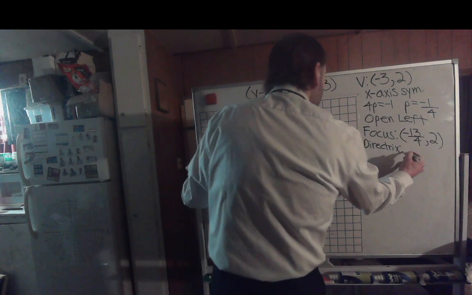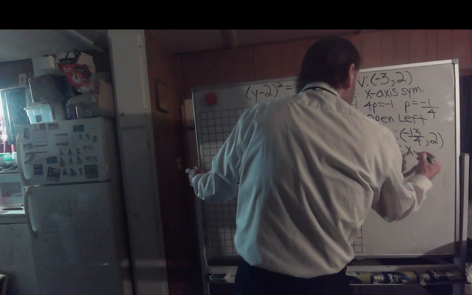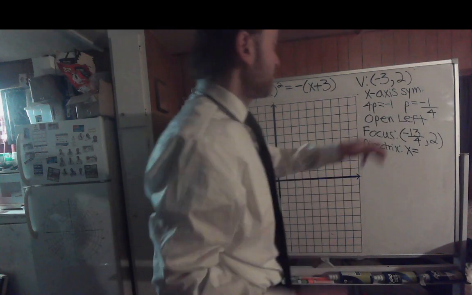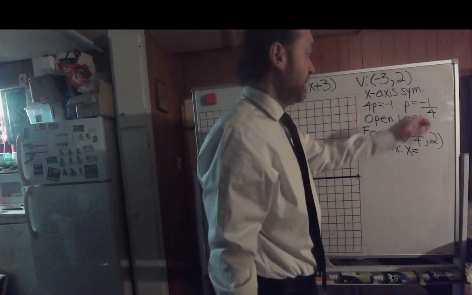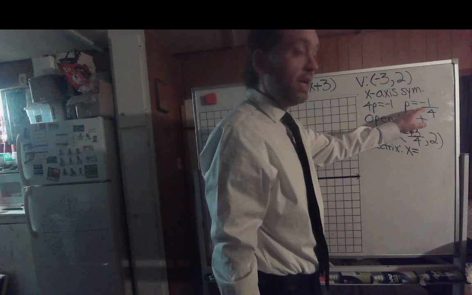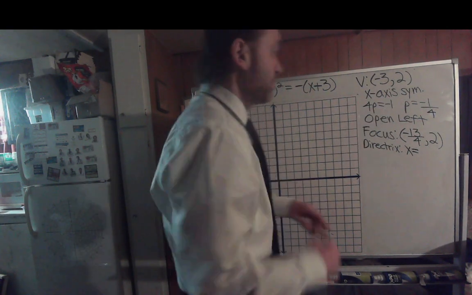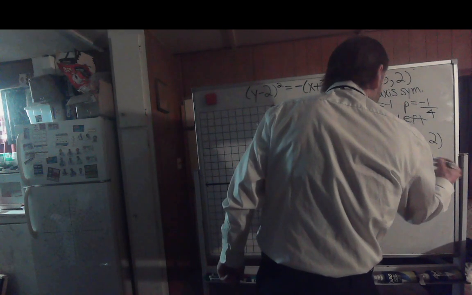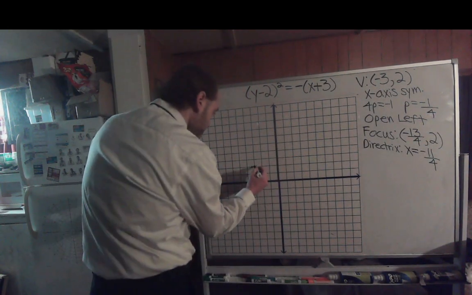Let's find the directrix. If it has x-axis symmetry, that means it's going to be in the form of x equals. Now take negative 3 plus the negative of p. Well, negative of negative 1/4 is plus 1/4, so the directrix would be x equals negative 11/4, which would be negative 2 3/4.